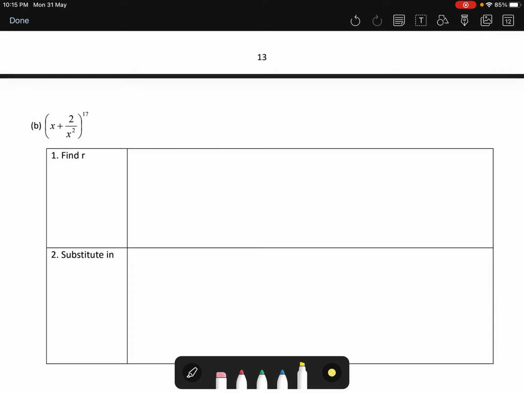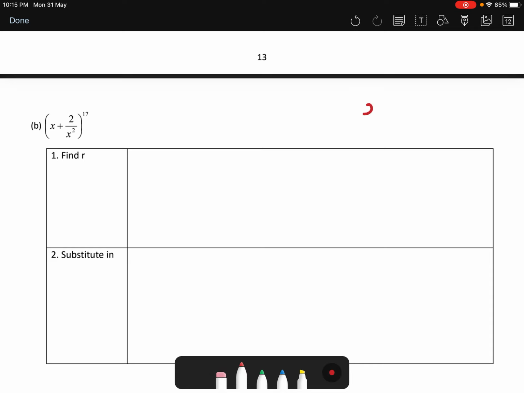I want you to find the x squared term. We cannot simply use 17 choose 2, because if you try it, you will not get the x squared term. So first of all, we need to find the r term, the general term.